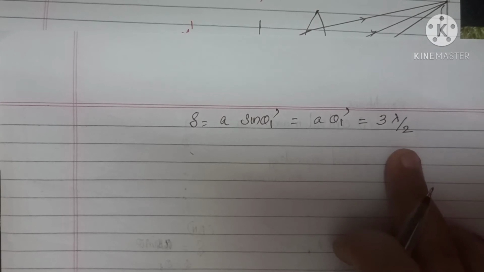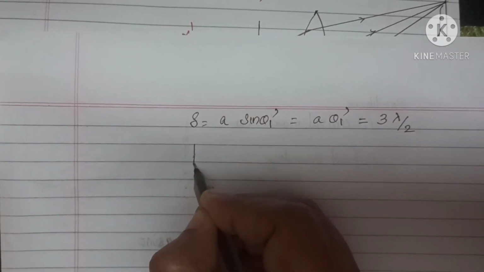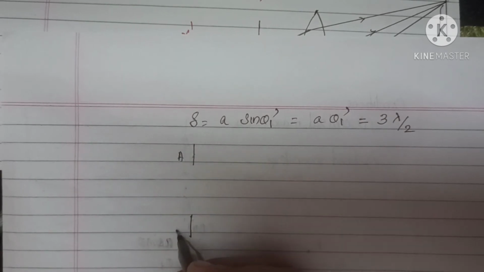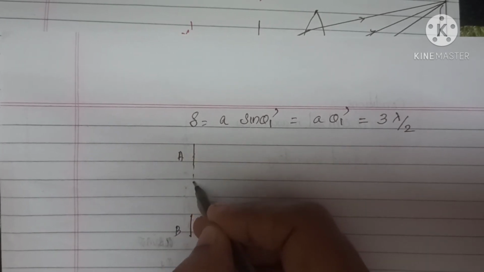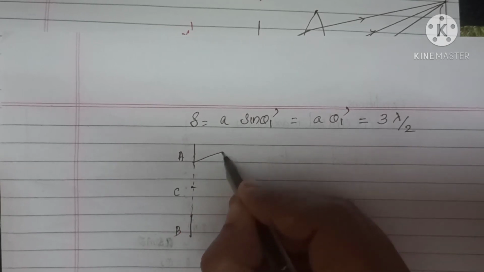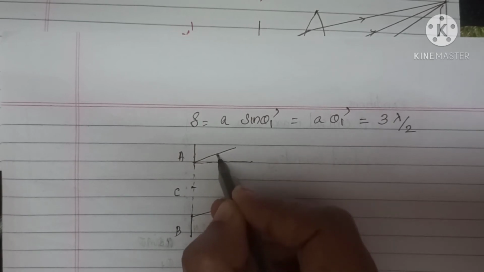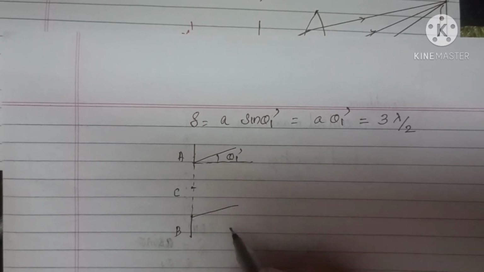The explanation given here is, this is our slit AB. This is the point C. From here the diffraction pattern occurs. This angle is taken as theta 1 dash.